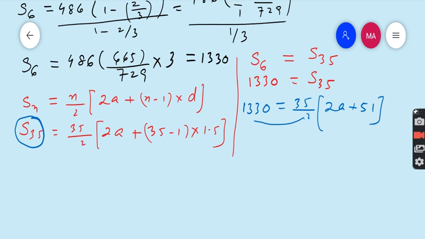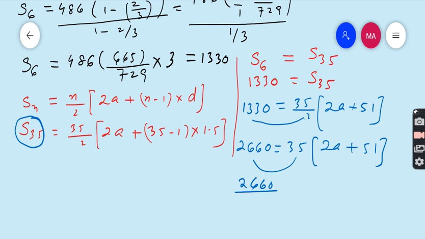These two should be multiplied by 1330. Then the answer is 2660. So 35 into 2a plus 51, this 35 divided into 2660, so it is 76.